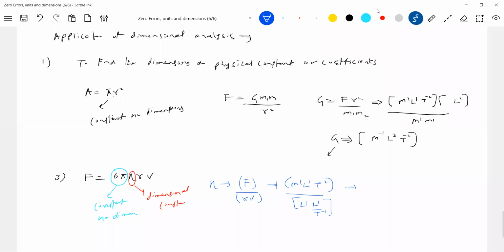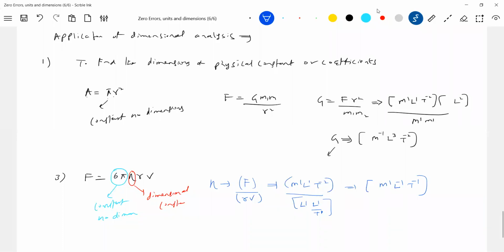What will the total dimensions become? L1 by T power 1. So this will be M1, one L1 gets cancelled, so L minus 1, T minus 1. This will be the dimensional constant.